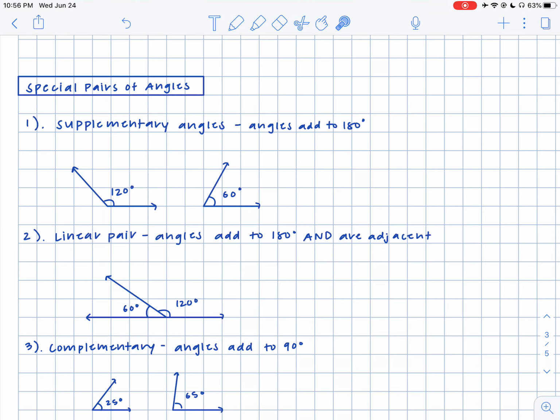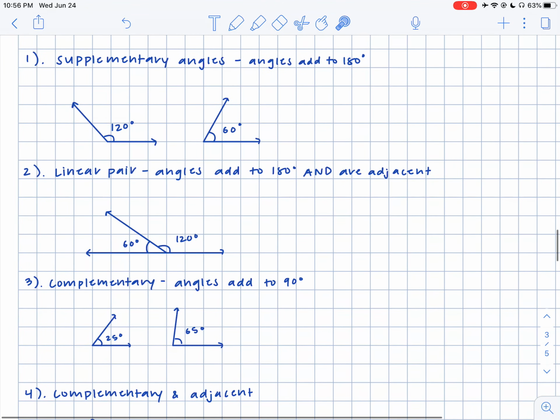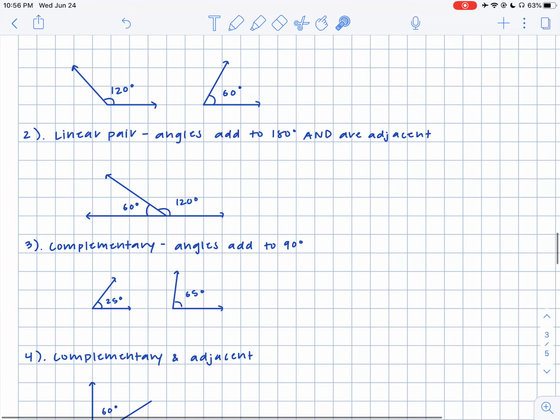These are two angles that add up to 180 degrees. So this angle is 120, this one is 60, and they add up to 180. So we would say these angles are supplementary. Linear pair. These are angles that add to 180 and are adjacent. So 120 plus 60 is 180, and they are next to each other, or adjacent.